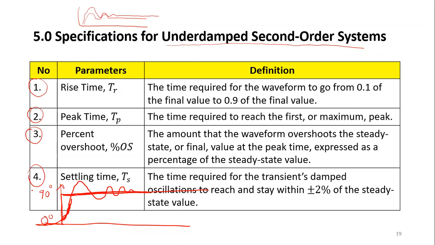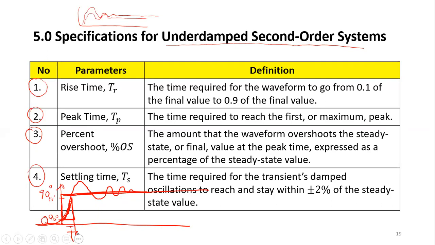For example, here the final value is 90 degrees, so 0.1 of the final value could be 10 degrees, and 0.9 of the final value could be 80 degrees. This is the rise time, TR, the time to rise.